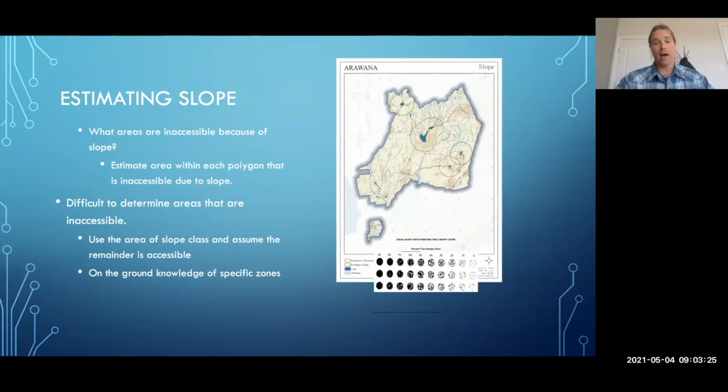But that said, you could still assign a percentage of 10 to 30% slope based on this map.